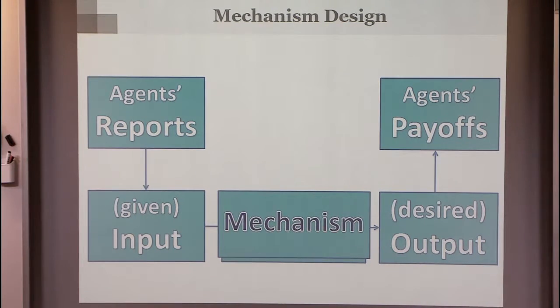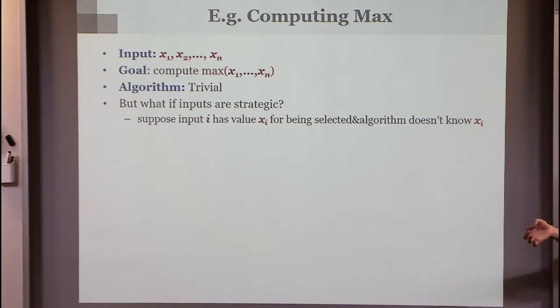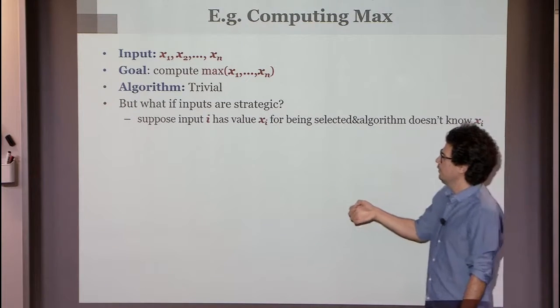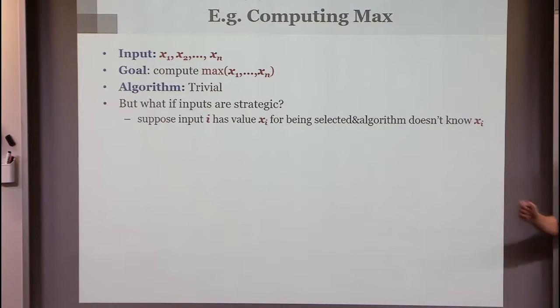So now with this in mind, let's go back to the Vickrey auction. And in fact, Christos also mentioned this the other day. So let's think of the computation of the maximum of n numbers, which is a trivial algorithm we all did in, I don't know, first class in programming. But now let's change our perspective and assume that the inputs are strategic, and every agent i that controls input xi actually wants to be selected and has value xi for being selected.